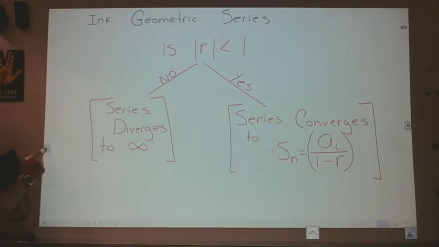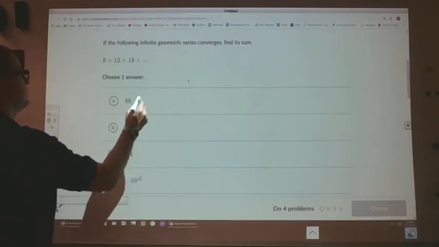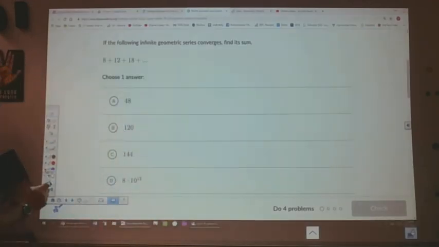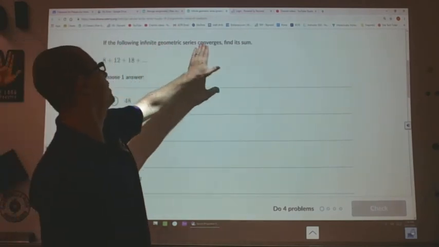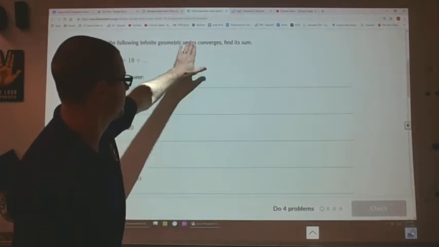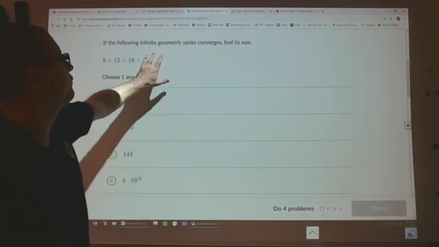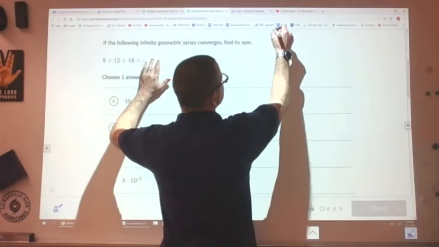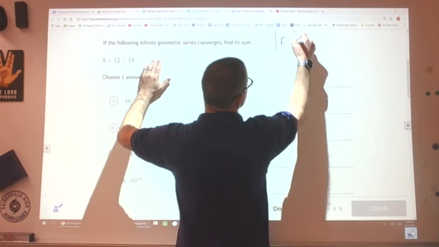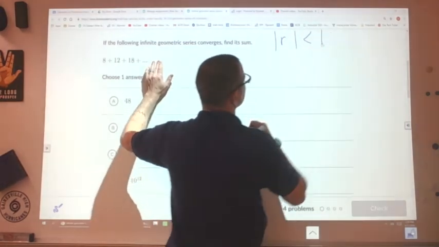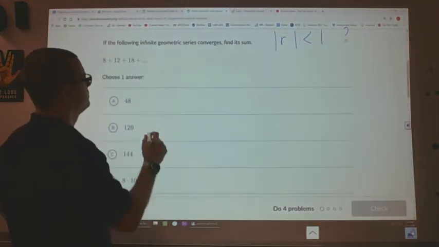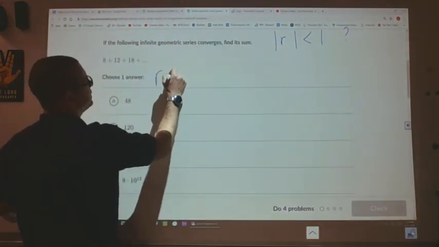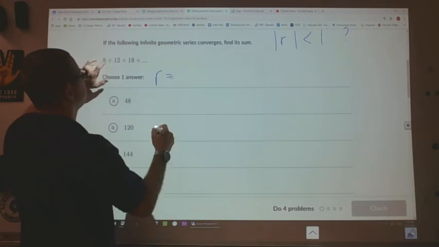So let's look back at Khan Academy for these examples. Here we have 8, 12, 18. If the following infinite geometric series converges, find its sum. So first, I need to figure out, is the absolute value of the ratio less than 1? So I need to find the ratio. The ratio is just the ratio of successive terms.